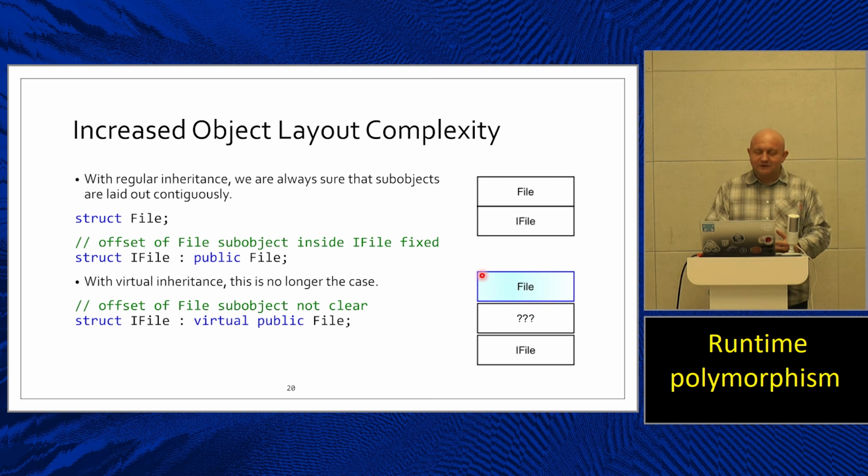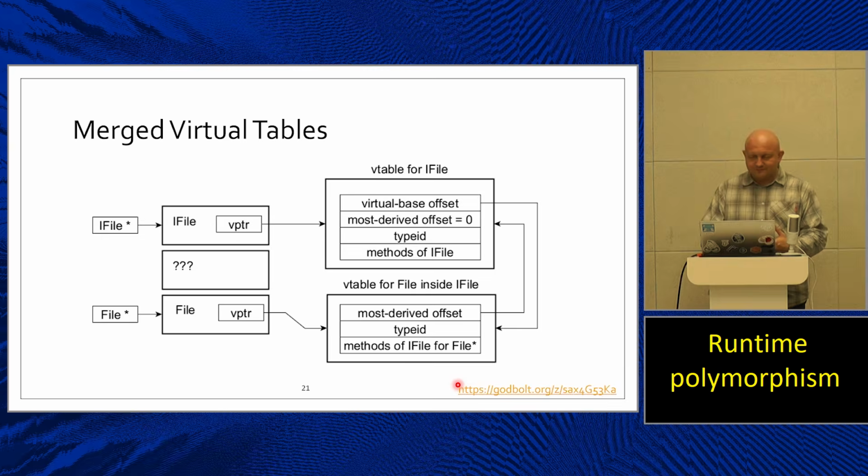With virtual inheritance, that guarantee disappears. The location of the virtual base inside the most derived object is not fixed in the intermediate class. The offset may depend on the final derived type. That means conversions to the virtual base often require runtime adjustment, and that implies additional metadata in the virtual table.